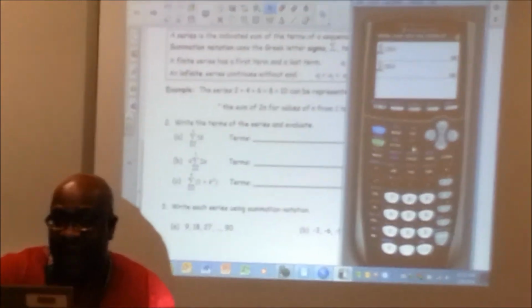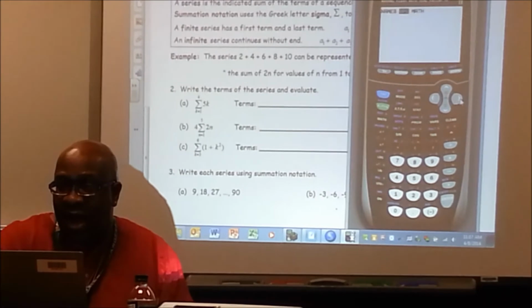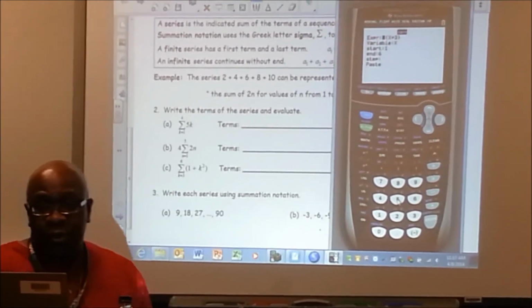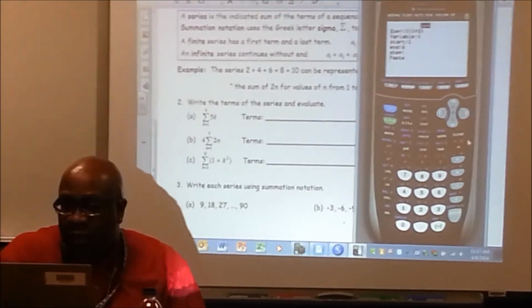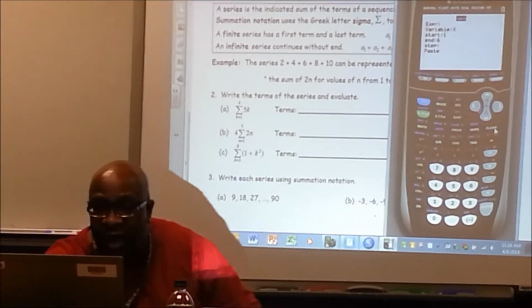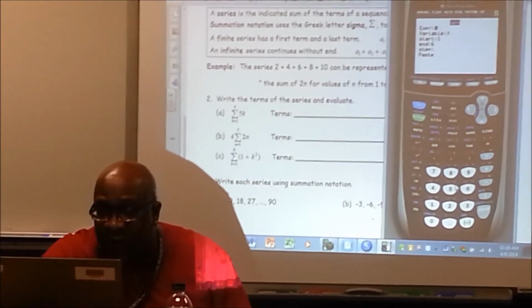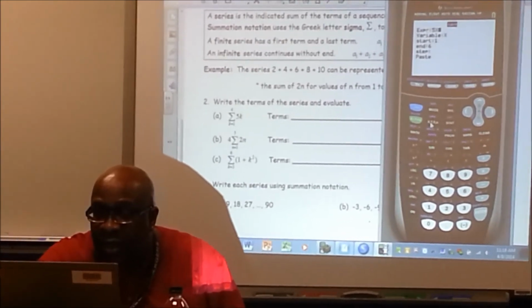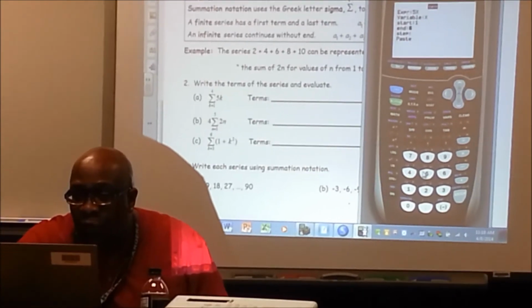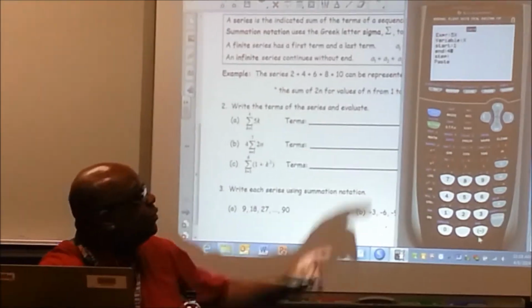So, in our calculator, if we go to second, we hit stat, we go to ops, option 5, sequence, which is what we did previously. Now, our explicit formula is this 5k, which we're going to enter in as 5x. The variable is x, and we want the first 4 terms. So that's why my start is 1 and my end is 4.